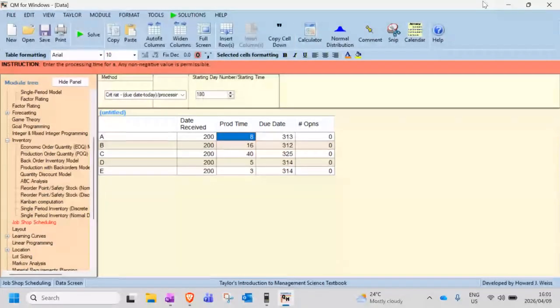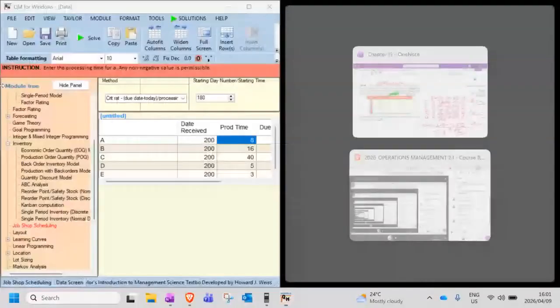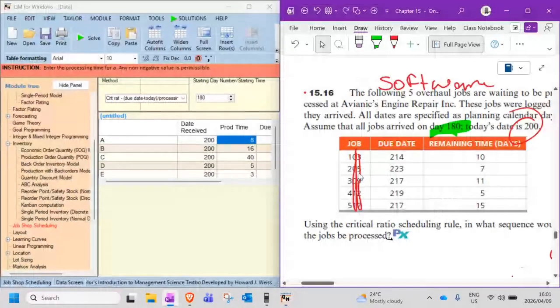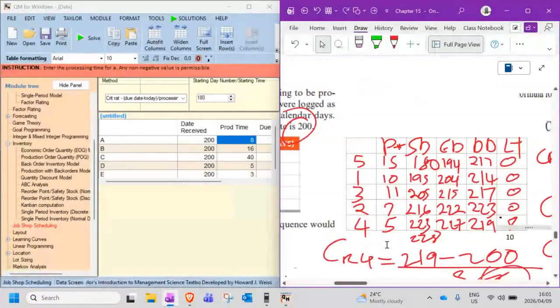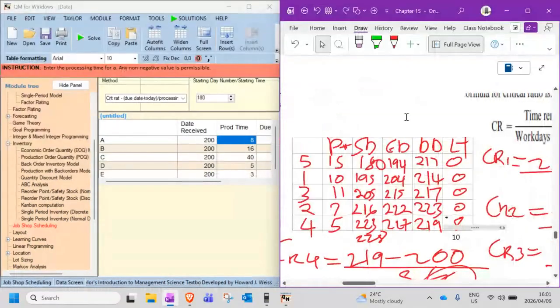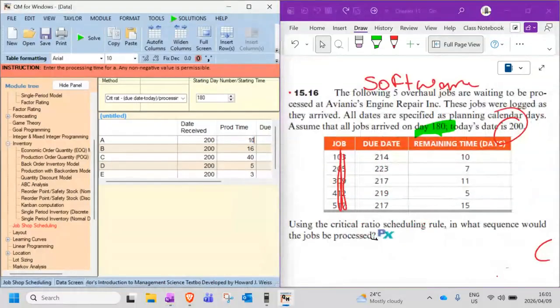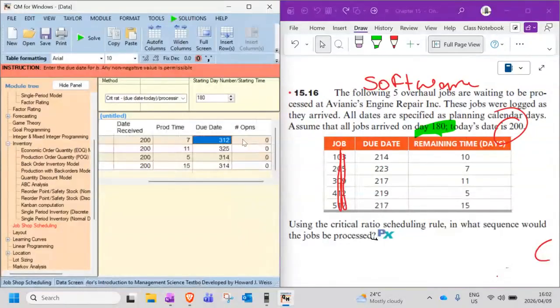Then now we write them as original as they are, which is your production time: 10, 7, 11, 5, and 15. Then the due date is 214, 223, 217, and 219.